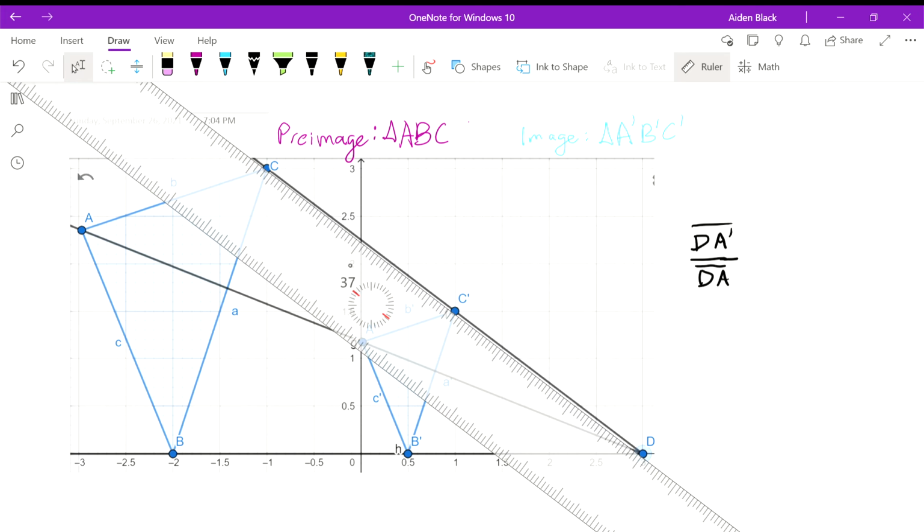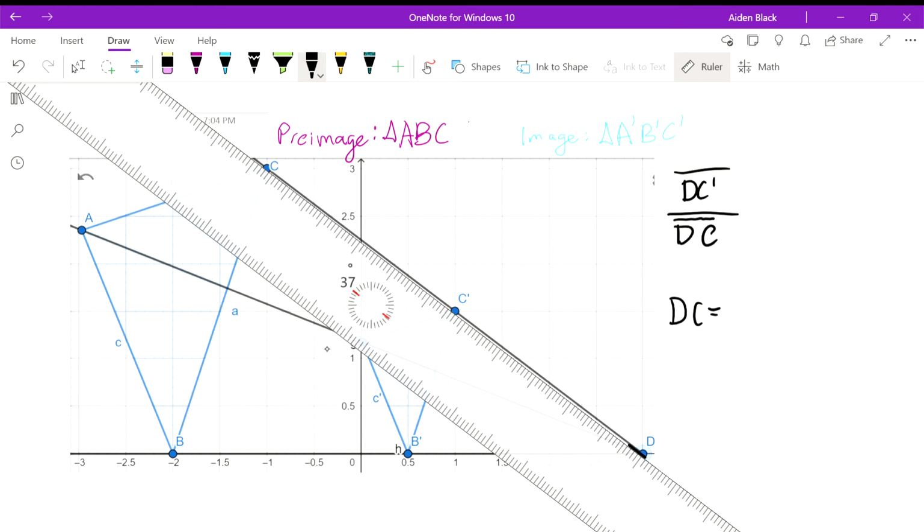So I'm going to line this up, and I see that from D to C and DC prime. So D to C is equal to 1, 2, 3, 4, 5, 6, 7, 8, 9, 10, 10 and a half.